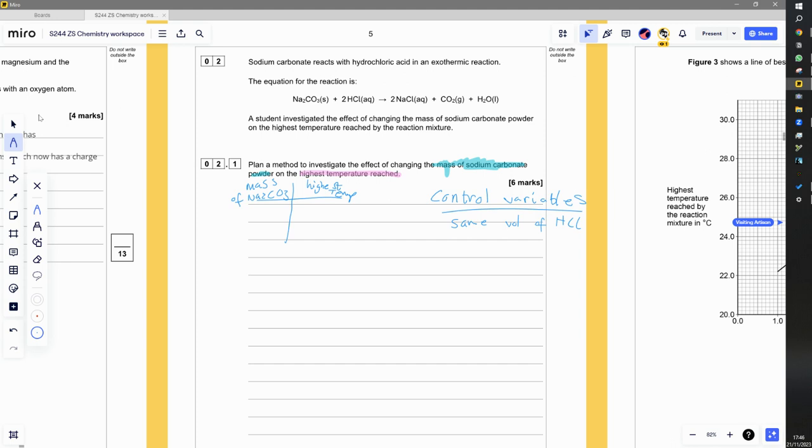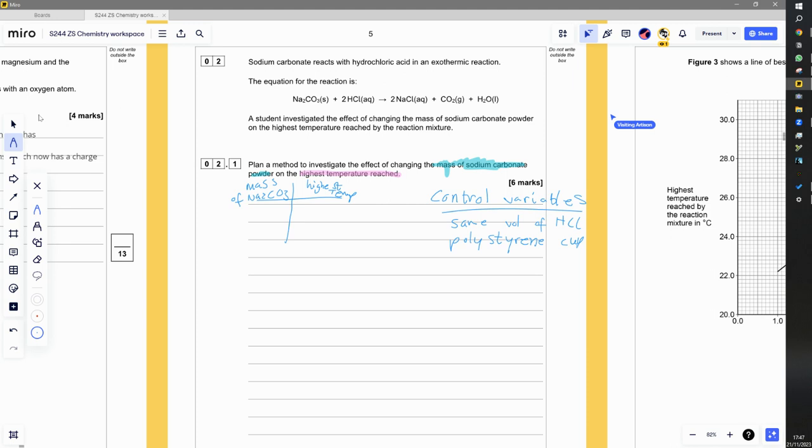So this one's a bit of a guess, but a polystyrene cup is the one that's suggested in the mark scheme, and the advantage of using the polystyrene cup is you're not going to lose that much heat through it. So as the temperature increases, you're not going to lose the heat as it escapes from the container as quickly as it would if it was in a glass beaker.